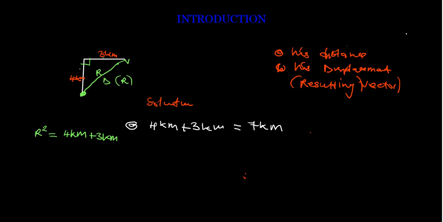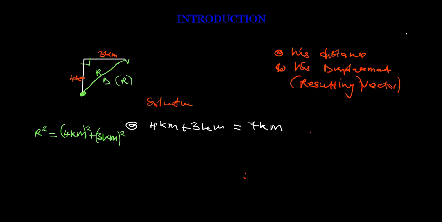Remember in Pythagoras, they are all squared like that. We're only interested in R, not R squared.